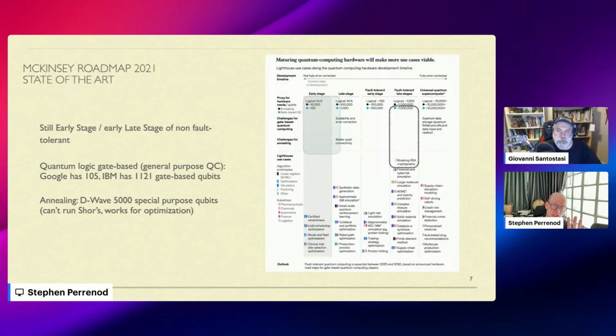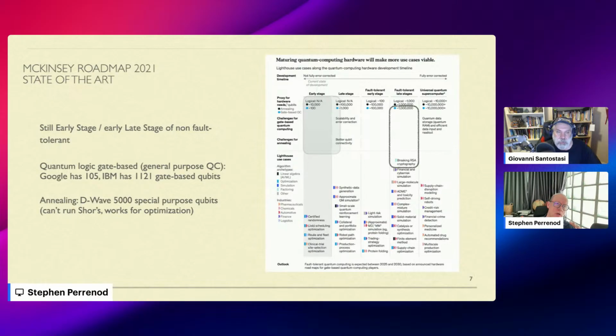So we're in this early stage, and we're starting to get into the late stage where you get to 1,000 physical qubits. But there's not enough fault tolerance now in quantum computing. So they want to get to fault tolerance early stage and 100,000 qubits. And in order to break cryptography, you need to get to that fourth column, the fault tolerant late stage.